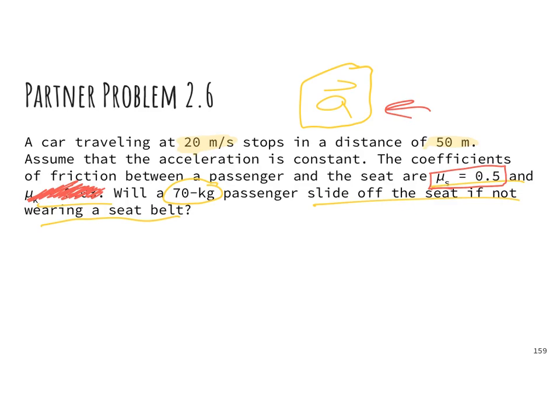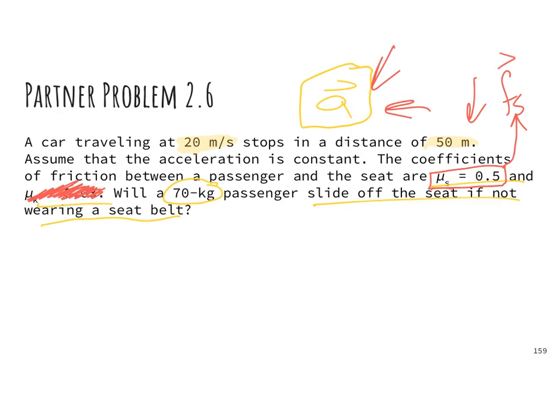If it's not, then actually I'm safe. Now, I'm not telling you to not go home and put your seatbelt on. I'm just saying that there is a limit to this acceleration, and if you're under that limit, if your acceleration is small enough, then static friction by itself is enough to prevent you from moving.